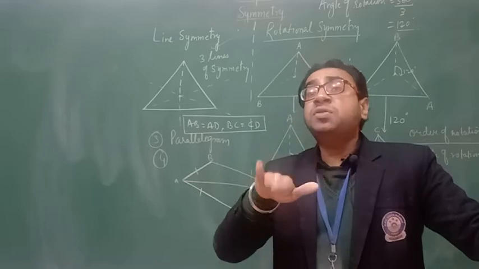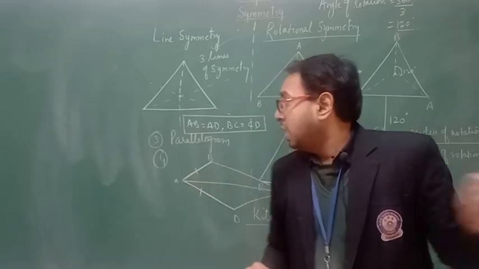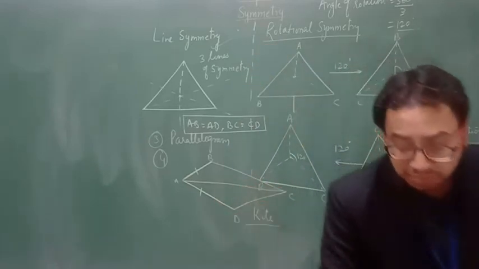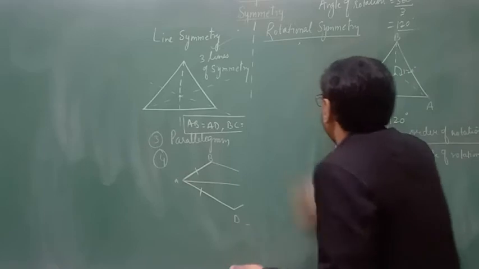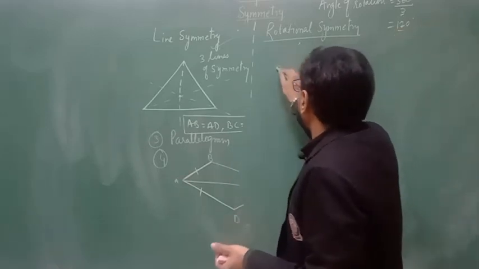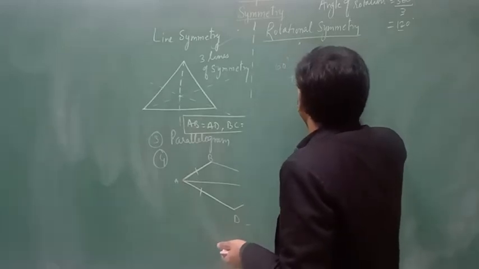Clear? Now, after how many rotations will it take its position back? 6. The order of rotation is 6. After 60 degree, it attained its position back. Clear? 60 degree, add 60 degree, it is 120 degree. Add 60 degree, it is 180 degree.